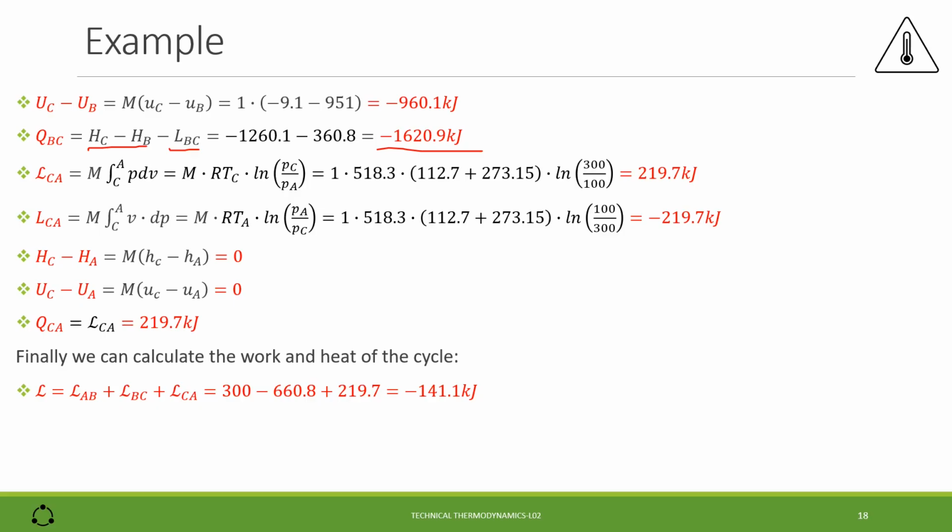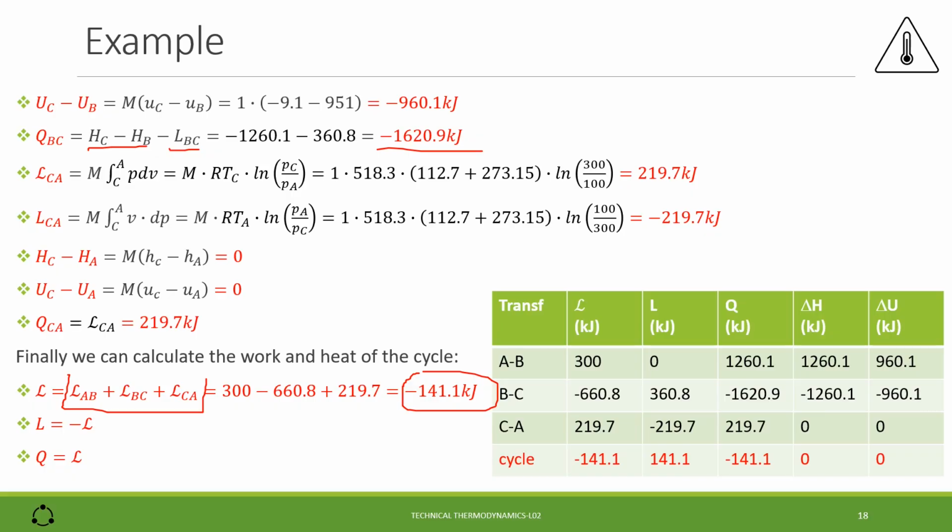Finally, we can calculate the work and the heat of the entire cycle. The thermodynamic work is the sum of the works calculated by the single transformations, and we find this value. The technical work is the same work with the opposite sign, and the heat is equal to the thermodynamic work.